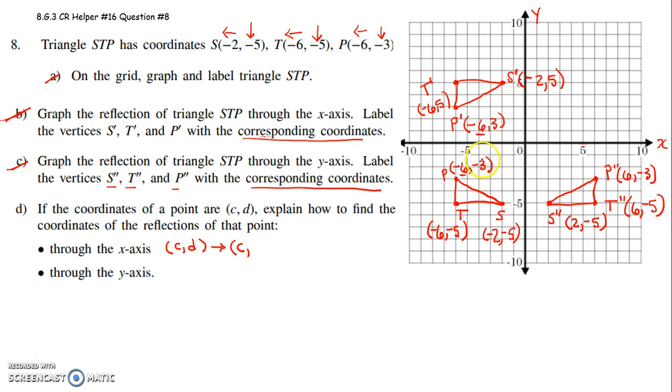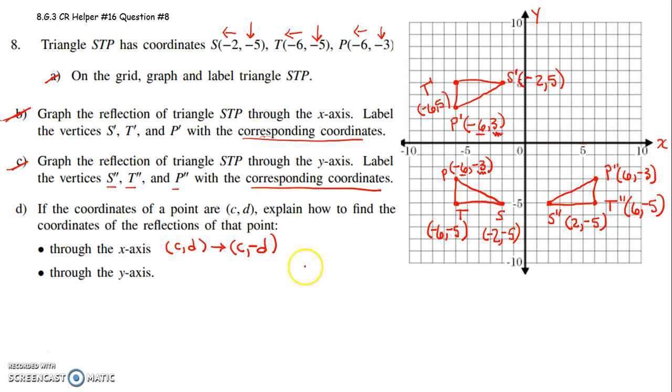But your y coordinate, that second coordinate, has to change sign. So if it started as D, you have to negate D. Over the x-axis, the first coordinate stays the same. Second coordinate is what changes sign.